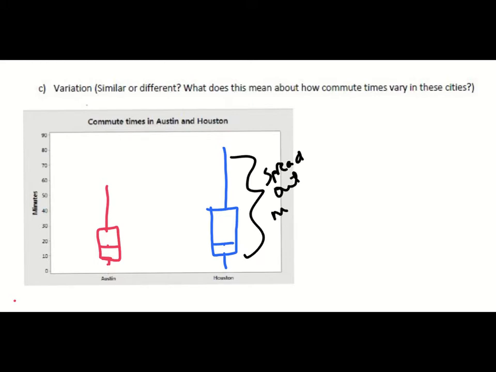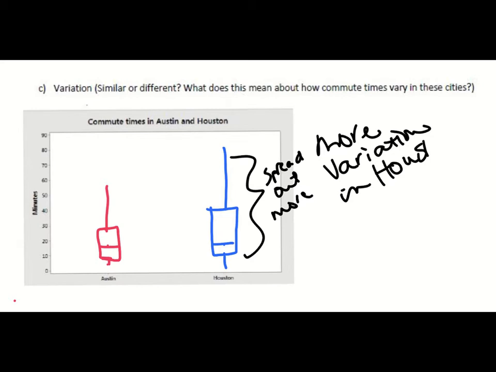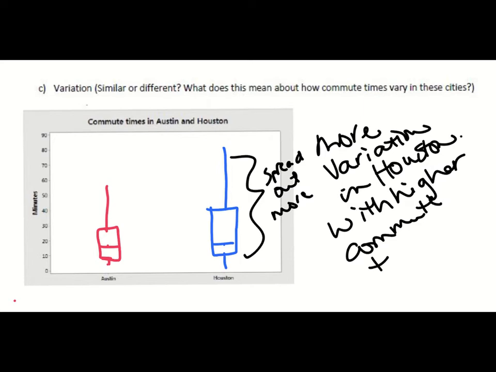So there's more variation in Houston with higher commute times given.